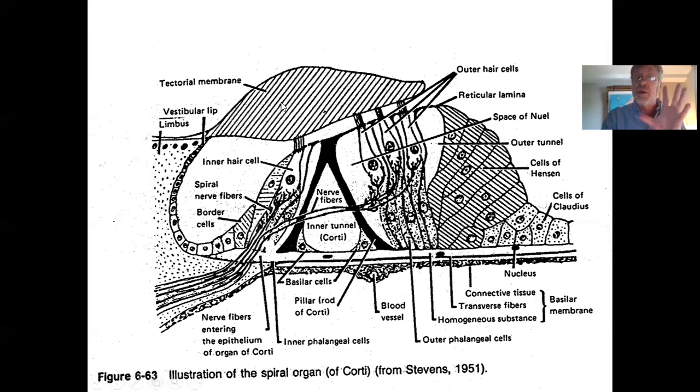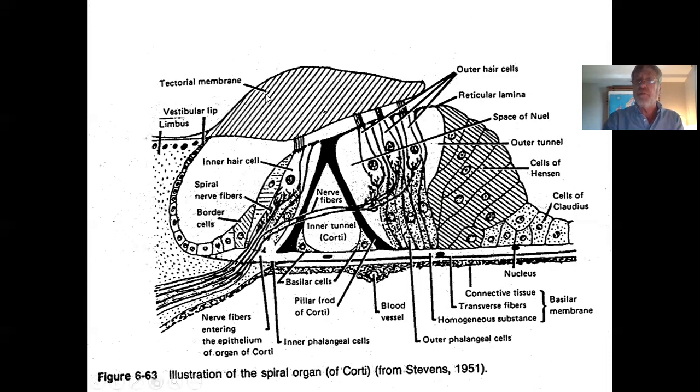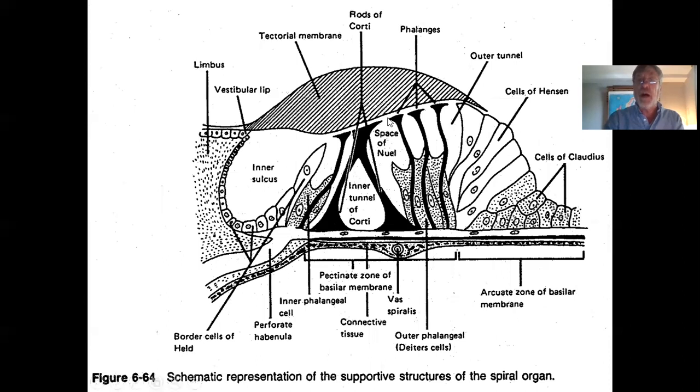Okay, but reviewing here, supporting cells, inner hair cells, outer hair cells, cortilymph fluid, endolymph fluid up here, tectorial membrane here. This picture complements this one. So this is just showing you the cups that are holding the outer hair cells and the inner hair cells.